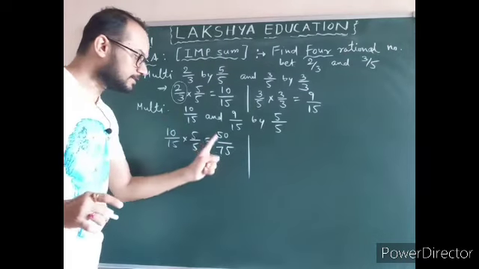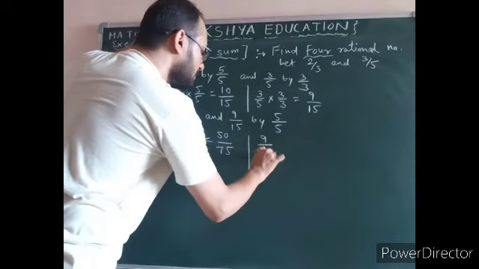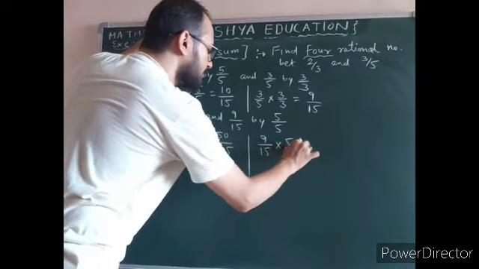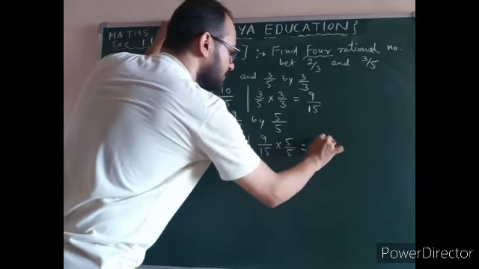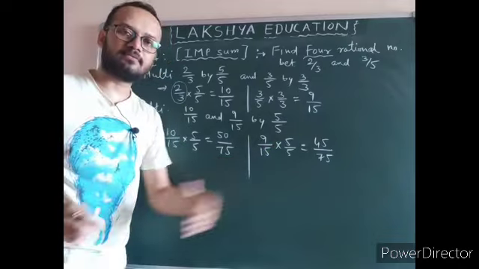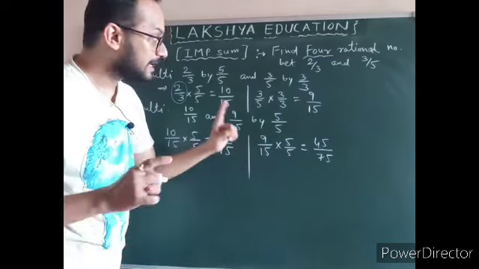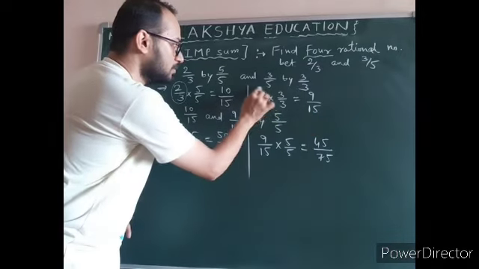So this number and this number are both the same. On the other side, 9 by 15 multiplied by 5 upon 5, 9 into 5, 45, 15 into 5, 75. So the number is 45 upon 75. Here 45 upon 75 is equal to 9 by 15, and 9 by 15 is equal to 3 upon 5.